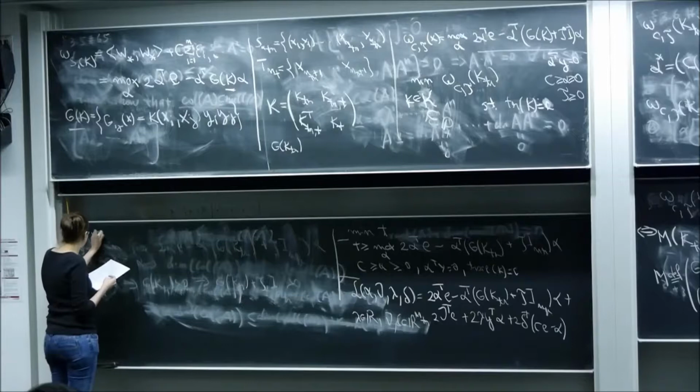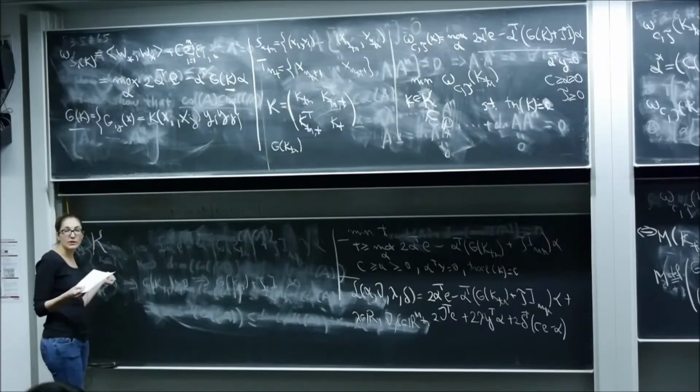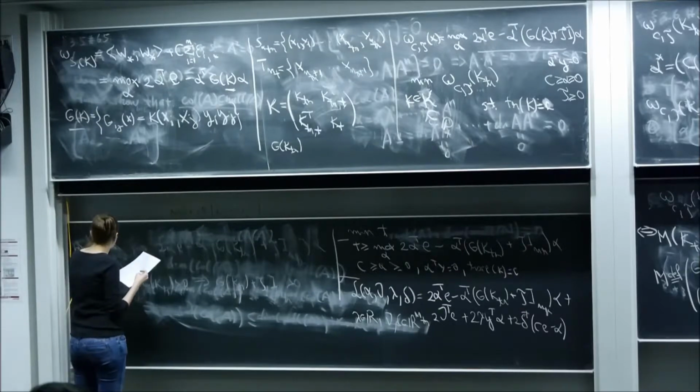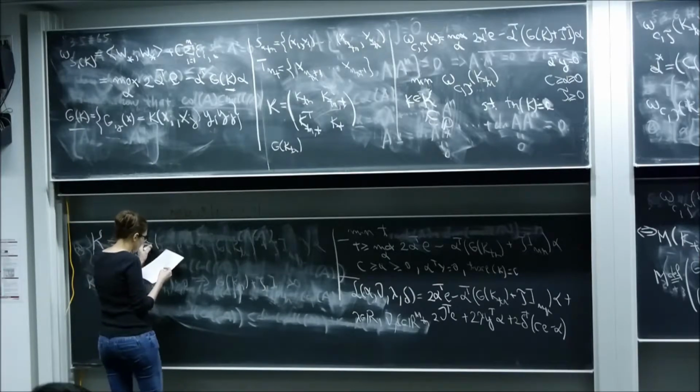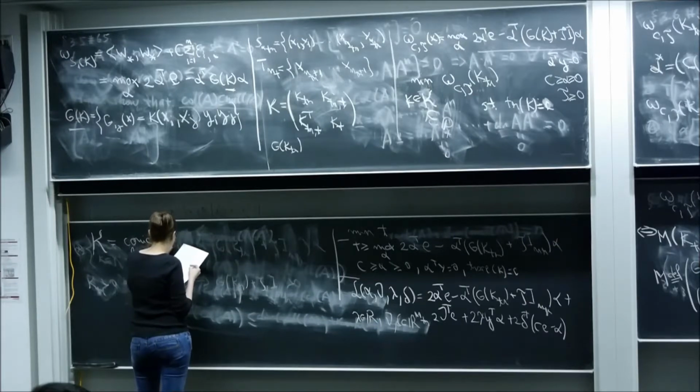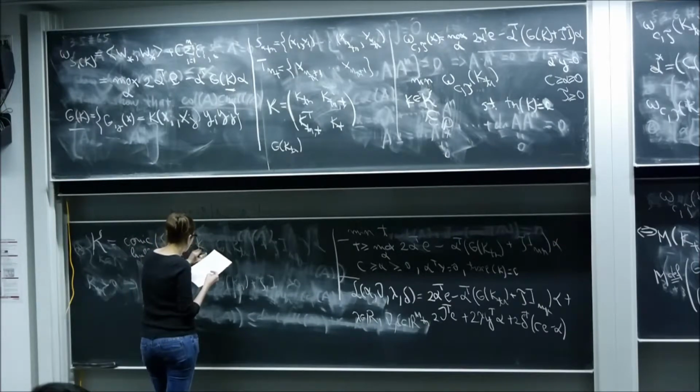Okay, so now we'll have to be more specific about the set of matrices we're considering. So consider K to be the conic hull of some M matrices K1 to Km.